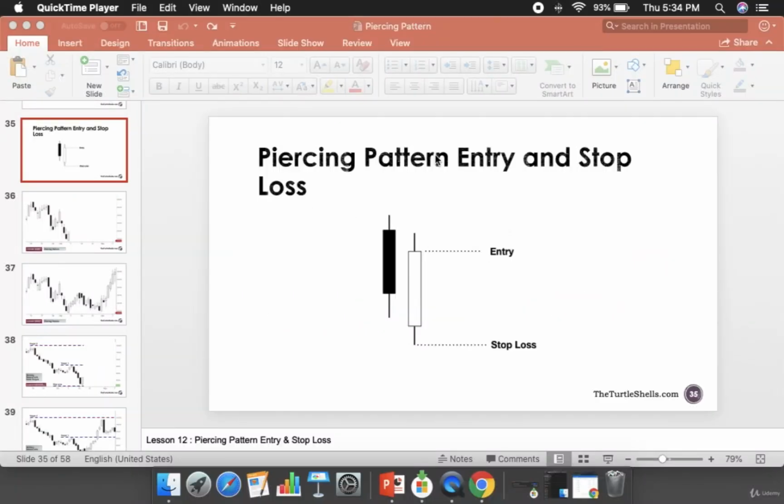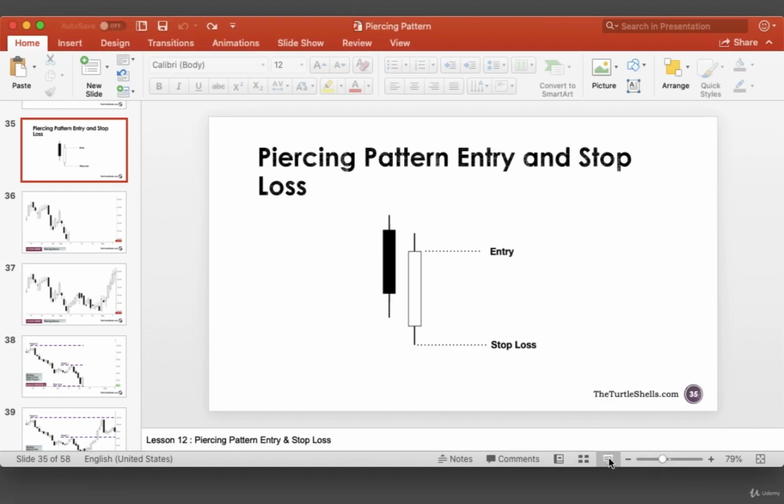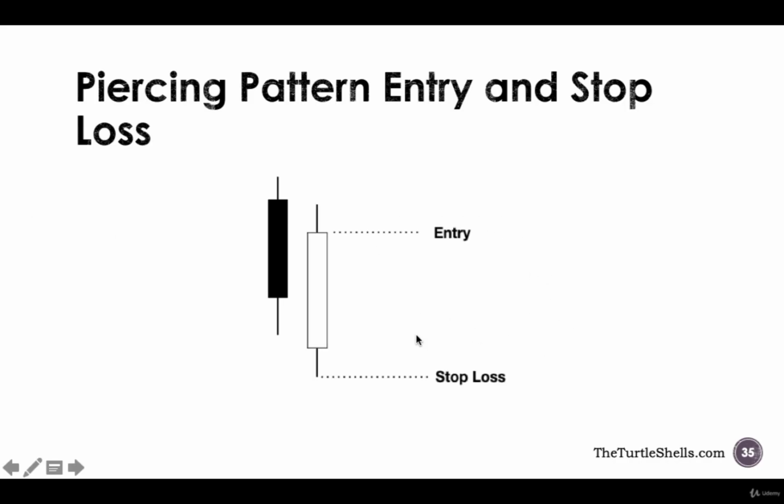Alright, now let us have a look at setting the entry and stop loss on the piercing pattern. So this is a perfect piercing pattern because the opening of the white candle is below the low of the prior black candle, and the closing is above the midpoint of the black real body. So this is the entry.